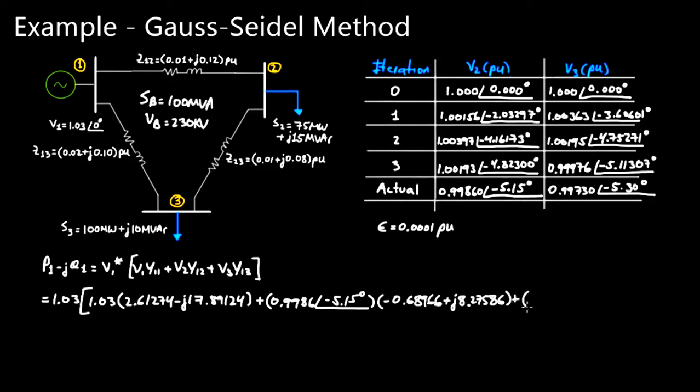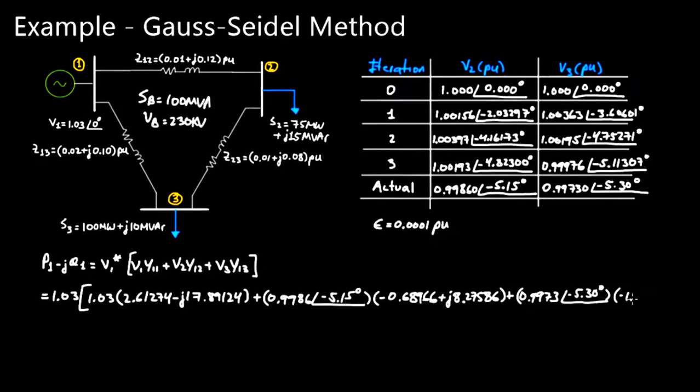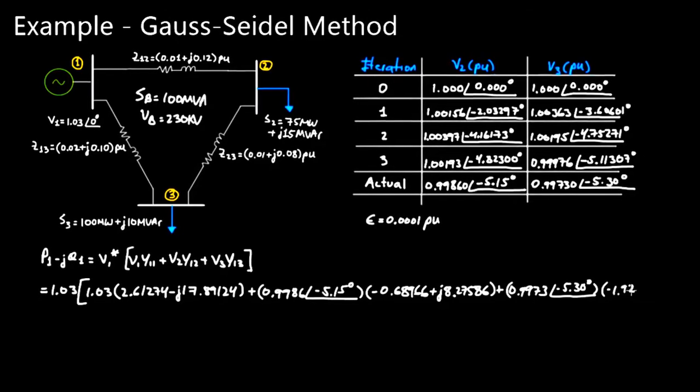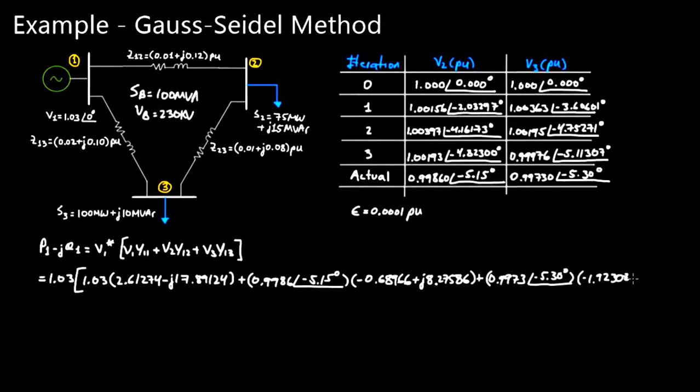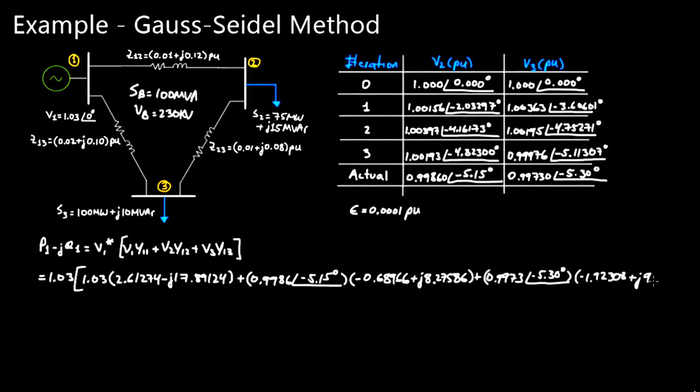Then that plus V3, which is 0.9973 at an angle of minus 5.3, times Y13, which is minus 1.92308 plus J 9.61538.